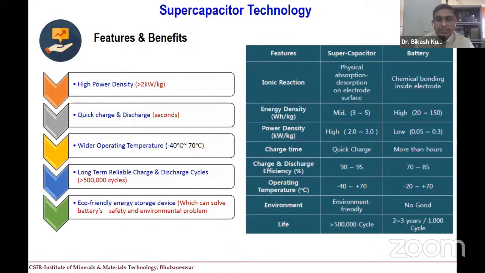It's also environmentally friendly, because you can make this device in aqueous media, with no need for specialized chambers as with batteries, where we have to work in an inert atmosphere and use organic electrolytes. So the features and benefits of supercapacitors and batteries are different, but both have their advantages and are going to contribute.